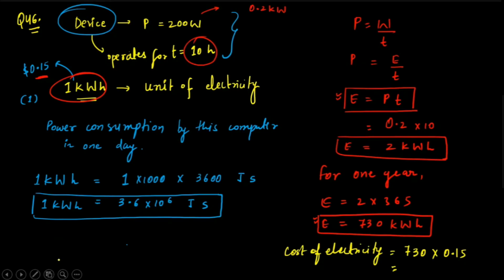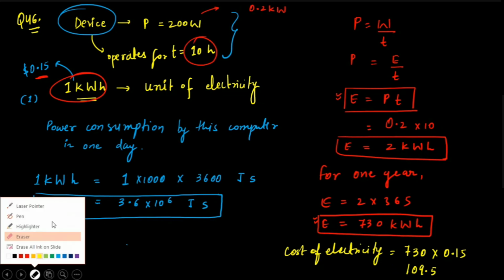We have to find the answer to the nearest dollar, so what should be the answer here? 109.5. So this much electricity bill we have to pay for the entire year of electricity consumption.